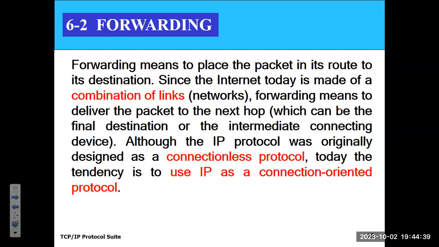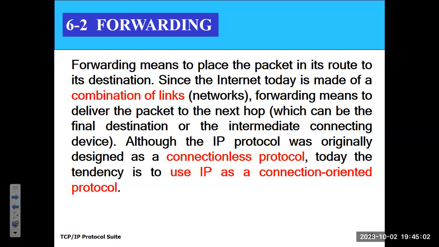But when you're forwarding, what you care about is the physical address. So you have to find the IP address, and from the IP address, you have to find the physical address, and you send it to the device next to you. This device may be a computer, a router, a switch, or a hub.